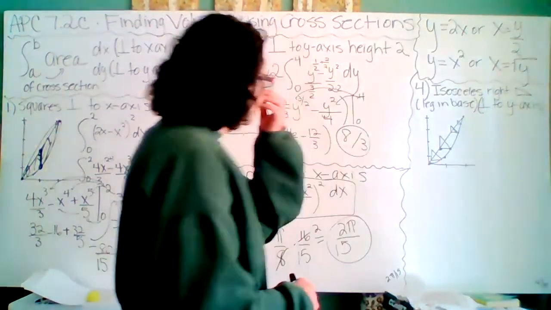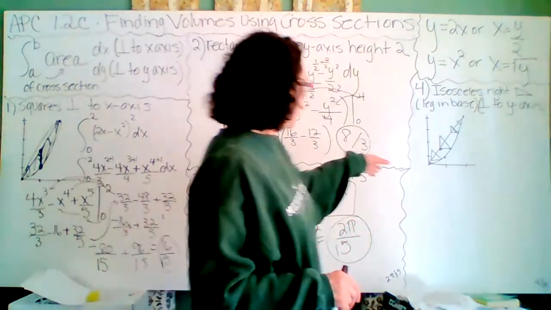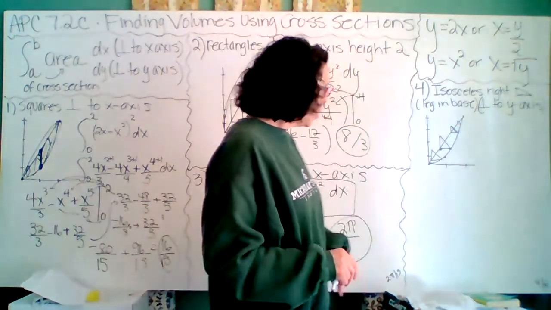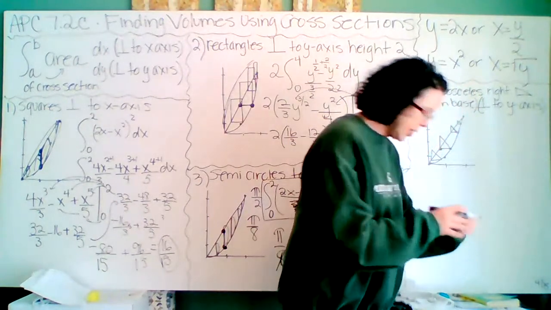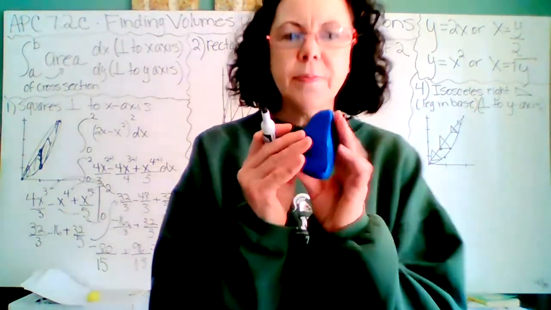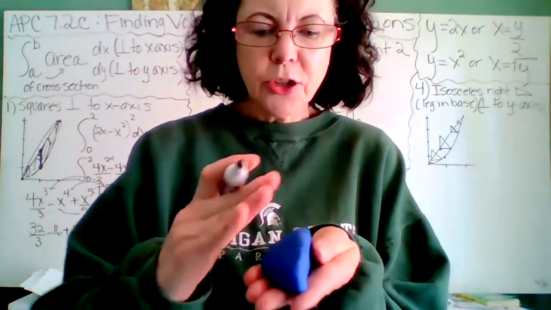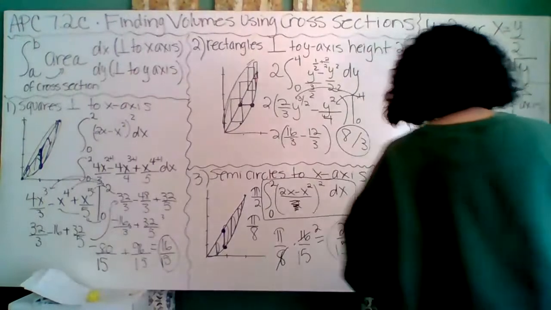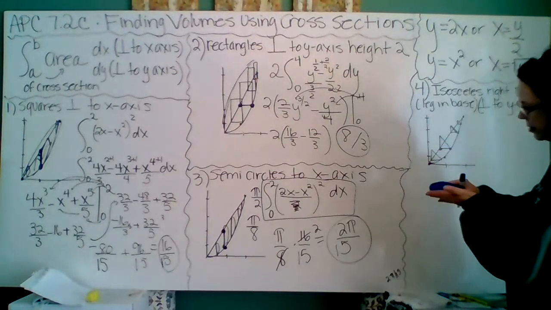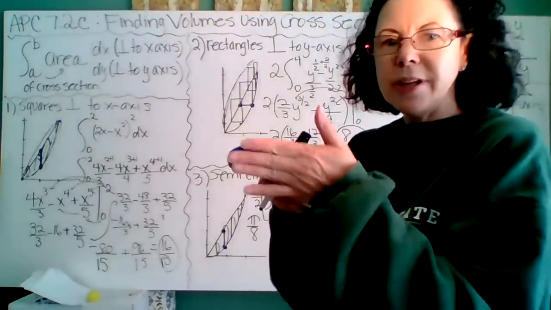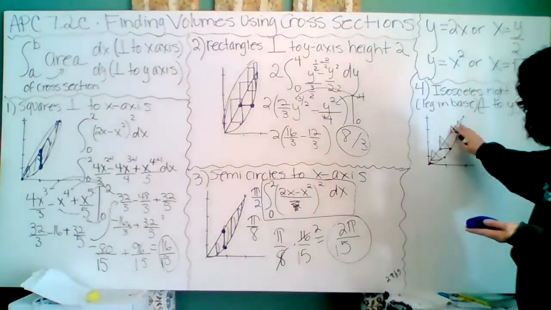Let's go on. Last one, number 4. Let's say you have the same base and you are collecting isosceles right triangles on it. Here's my base line and parabola. On the top, notice that there is now this flat edge. Where the straight edge is, there's a height for the leg of the isosceles triangle.